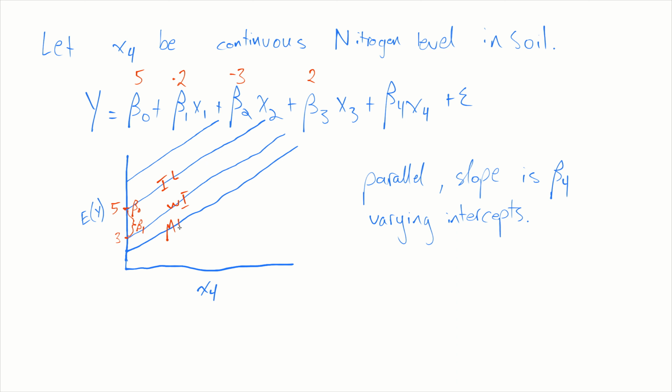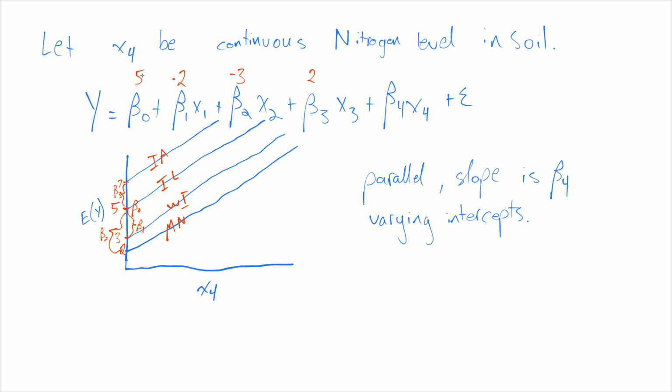So this would be our Minnesota here, and this guy is at 2, and this difference would be beta 2. And then from here to here, this is going to be our beta 3. This is 7. This is the line for Iowa.